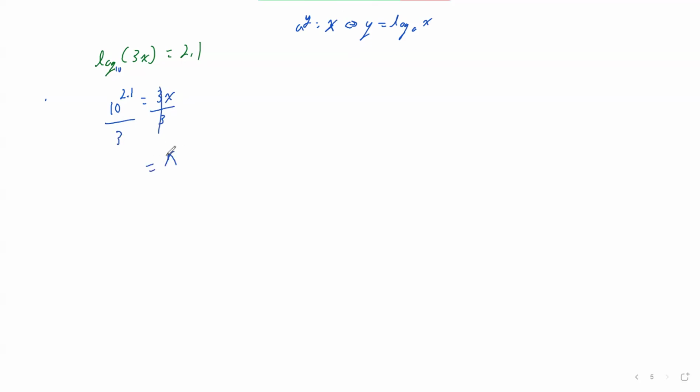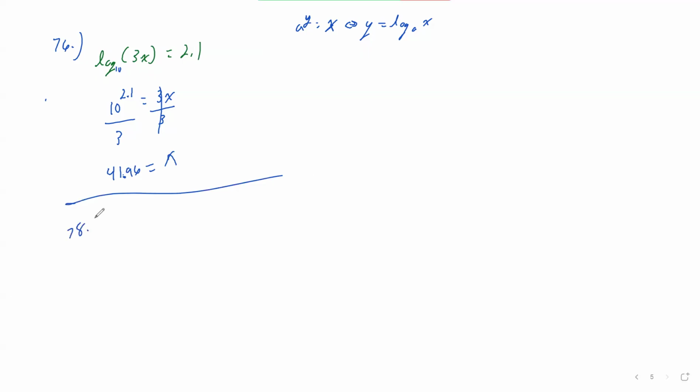So plugging this into my calculator, I see that I get 10 raised to the power of 2.1 divided by 3 gives me approximately 41.96. This was question 76, by the way. So yeah, I don't need a fancy calculator to do this with you.